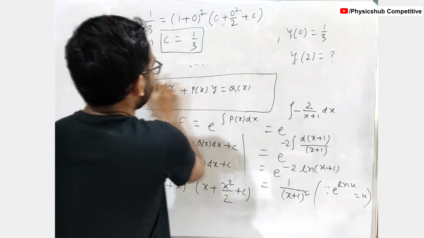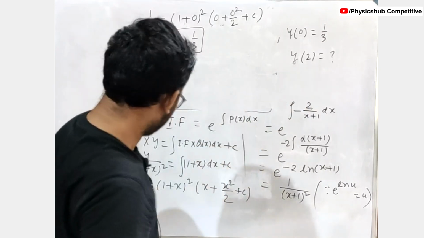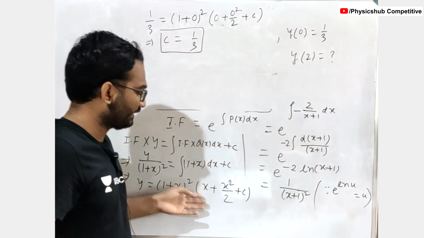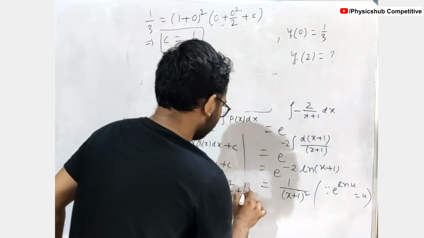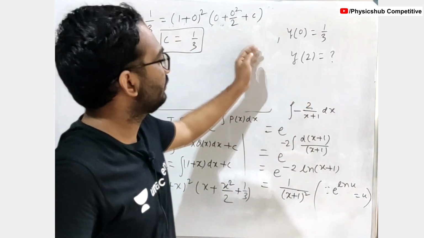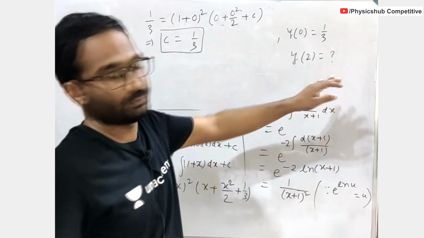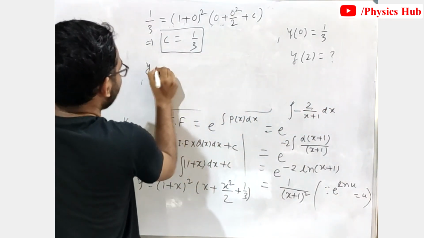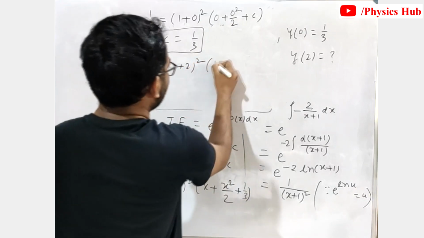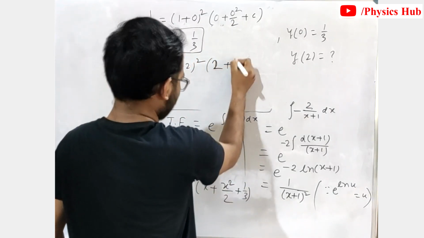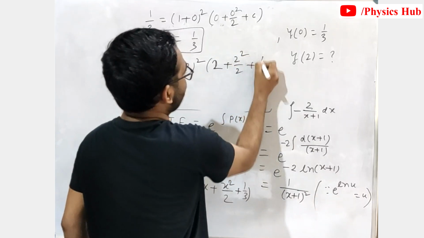So our solution is now in this form: y equals (1 plus x) whole square, times x plus x square by 2 plus 1/3. Now we have to find the value of y at x equals 2. So by putting the value of x to be 2, we can write it like this: 2 plus 2 square by 2 plus 1/3.